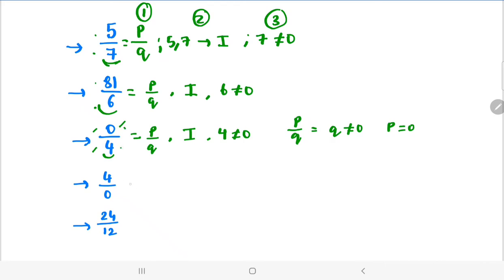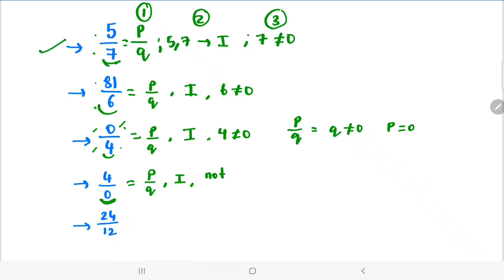Coming to the fourth problem, this can be written in the p by q form. This is in the p by q form, and 4 and 0 both are integers, but the denominator is 0. I told you, when the denominator is 0, then it is not a rational number.